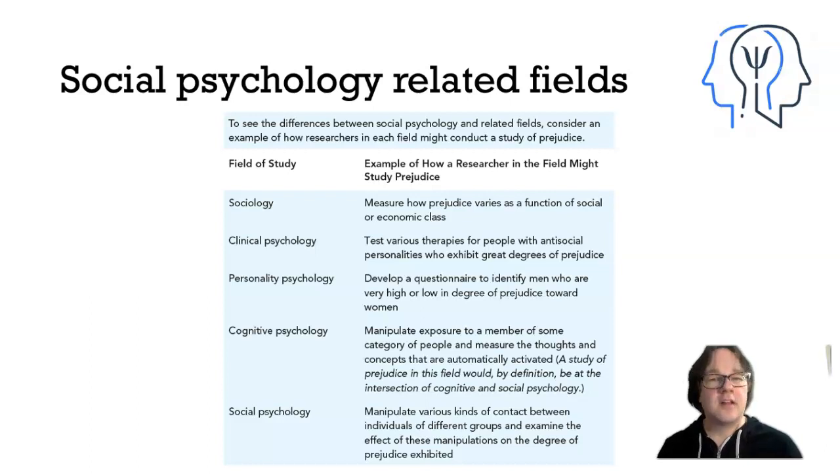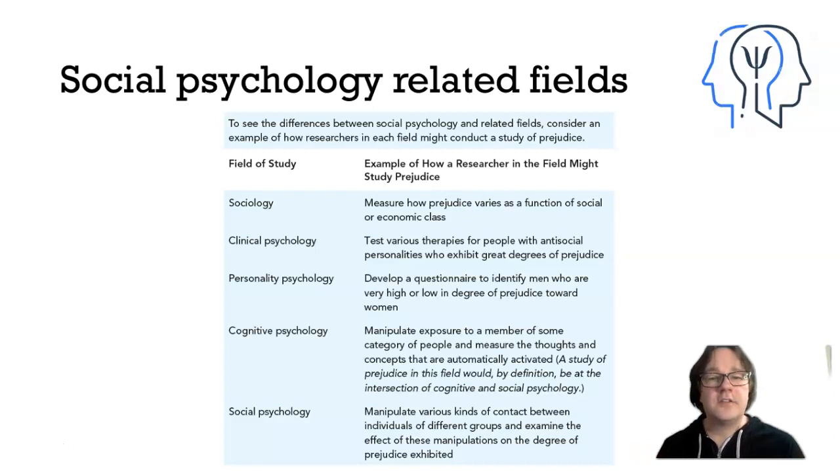A personality psychologist might develop a questionnaire to identify who are very high or very low in their degree of prejudice towards, say, women or gays and lesbians or transgender people, and so on and so forth.